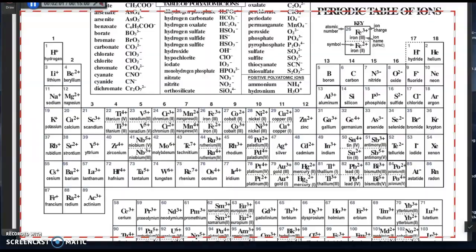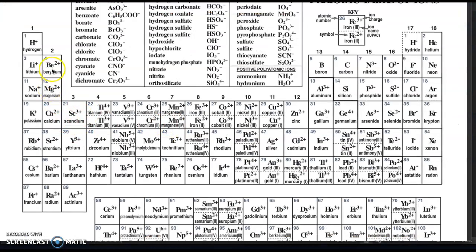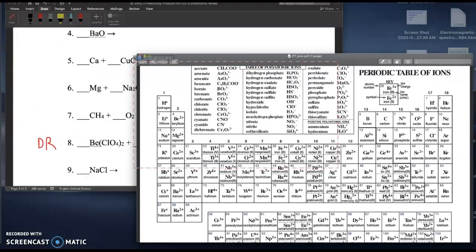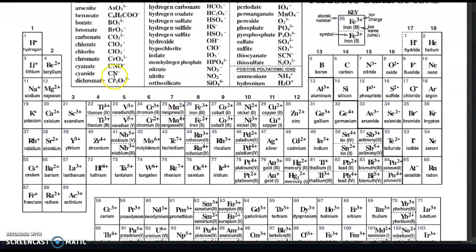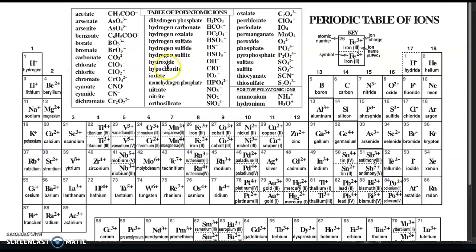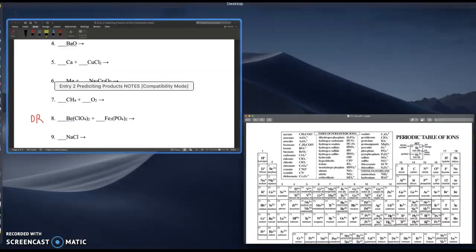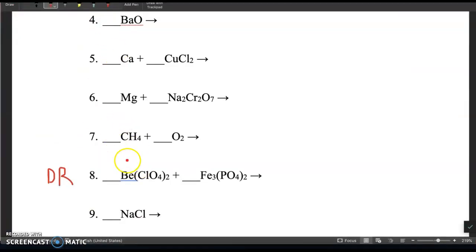Beryllium, which is right here, is a +2, and then I think we had ClO4, which is chlorate, which is right here. That's a -1. Okay, and then so +2, -1. Since it's in parentheses, that whole thing stays together.